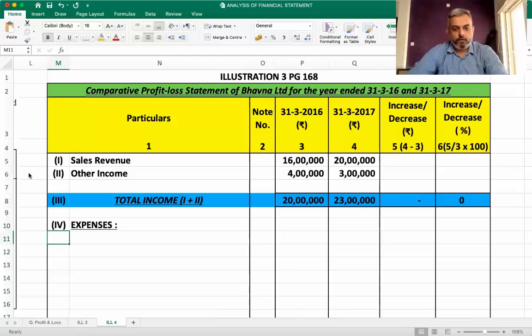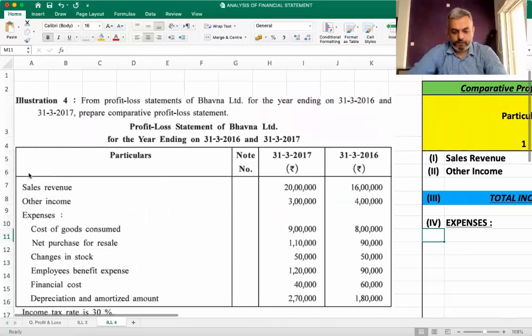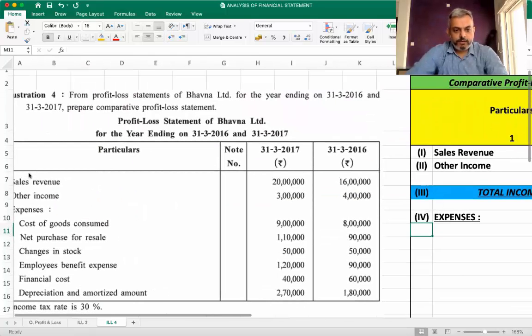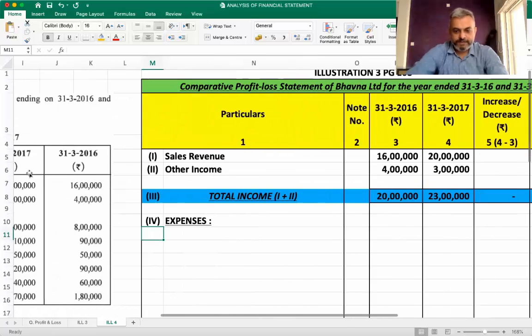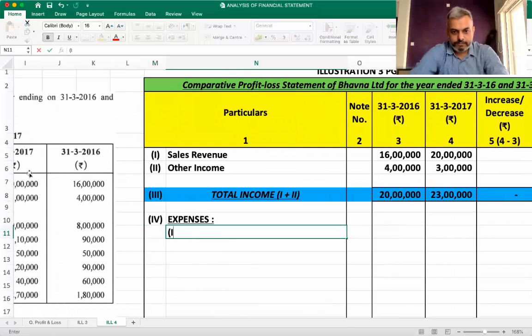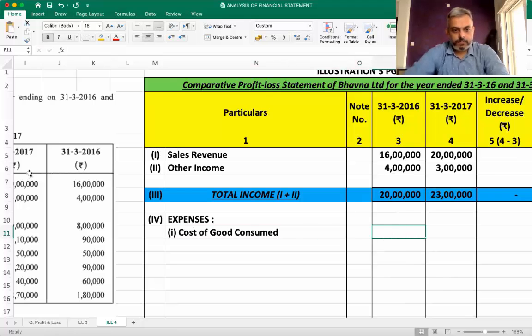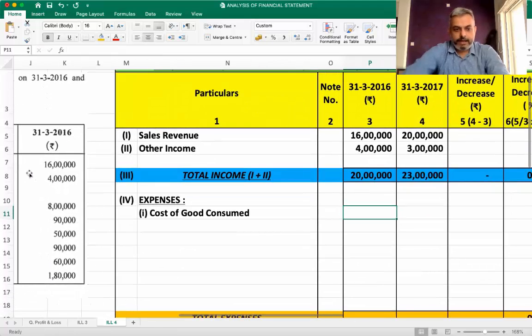Now fourth, expenses. Over here it is directly given, so we follow that. Cost of goods consumed, so we don't even change the order of it. It is 8 lakh and 9 lakh.